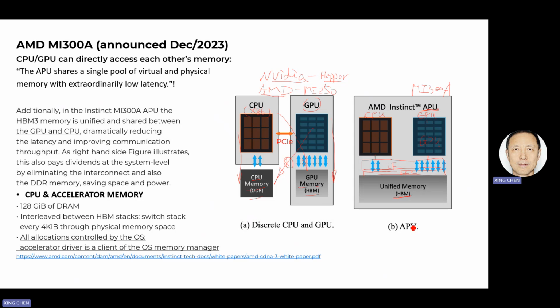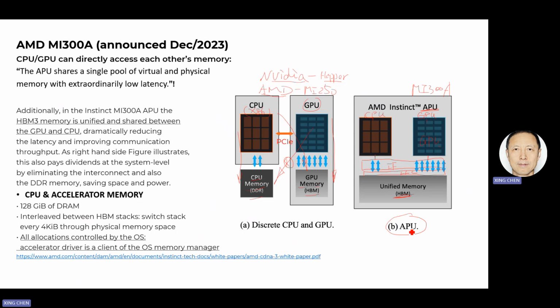So here for this AMD APU, there's no difference between the CPU memory and the GPU memory. The CPU memory in the form factor of DDR DIMMs doesn't exist anymore. So the CPU and the GPUs are going to share the same unified HBM memory.